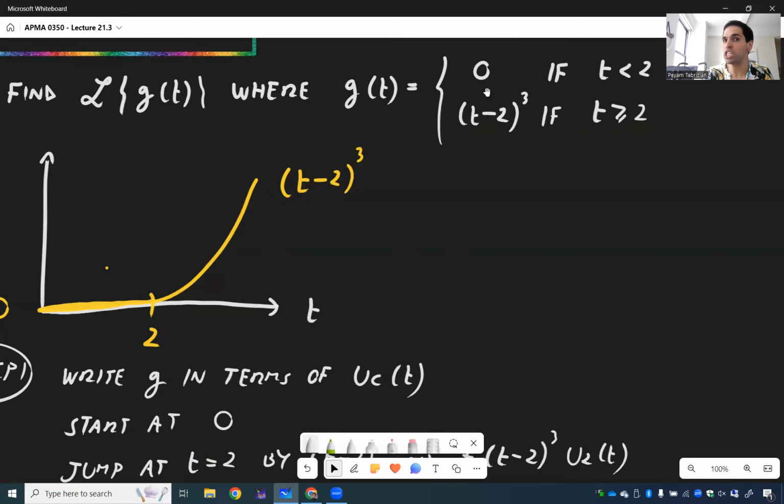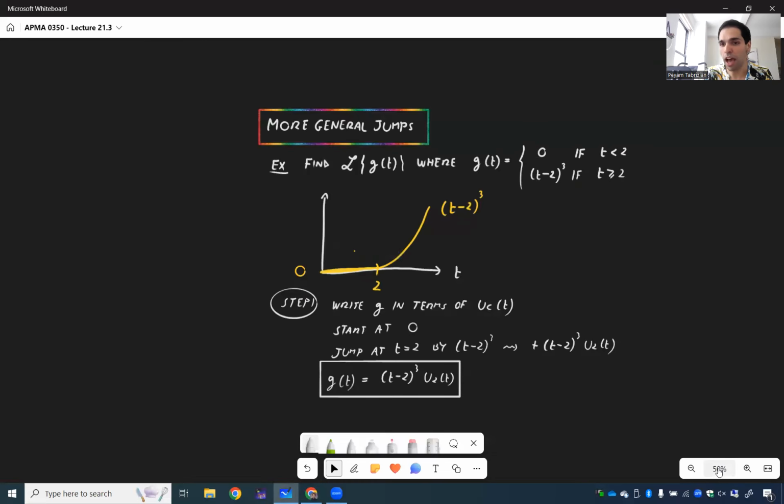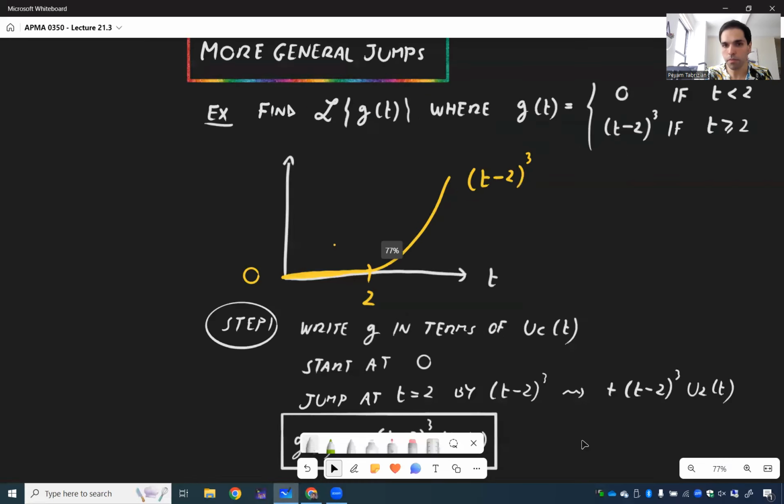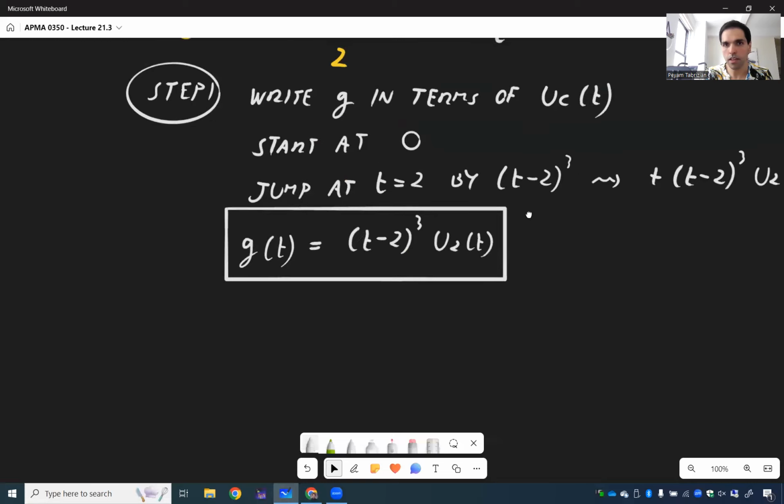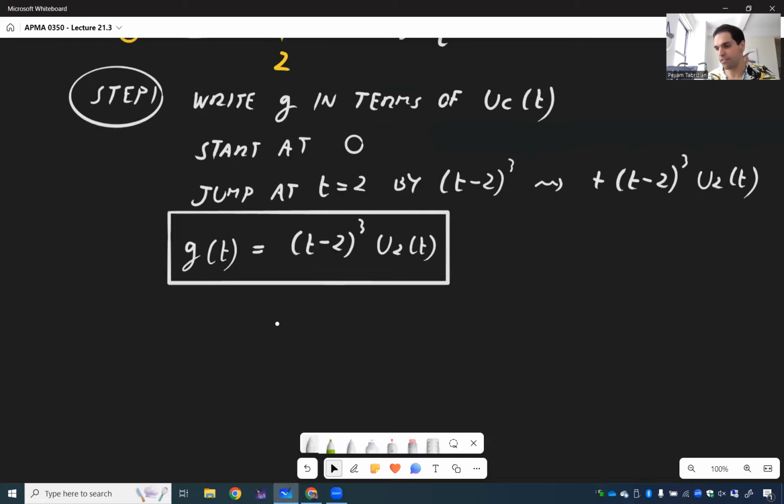So once again, g is 0 before 2 and (t minus 2) cubed after 2. But it makes sense in terms of this definition. So note, it makes sense.